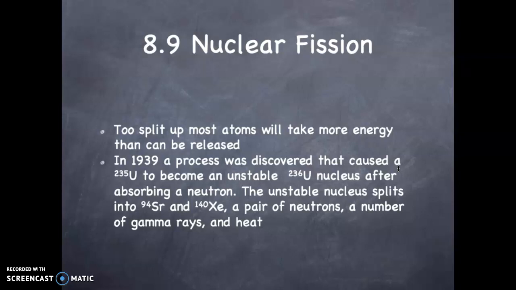The unstable nucleus splits into strontium-94 and xenon-140, a pair of neutrons, and a number of gamma rays and heat. The important feature here is that you can start out with a U-235 nucleus as a source of radioactive material, produce from that U-236, and then go on to have a nuclear fission process.